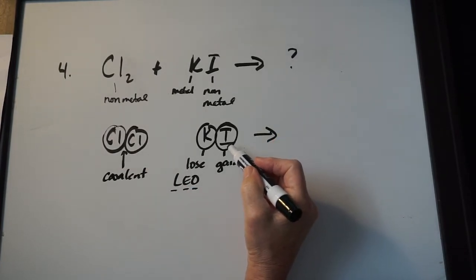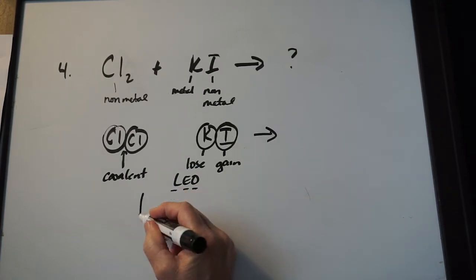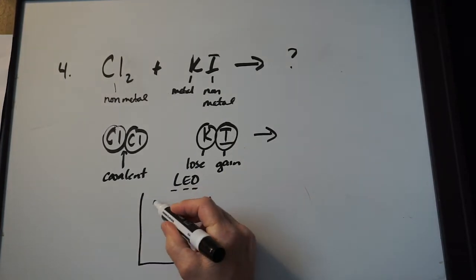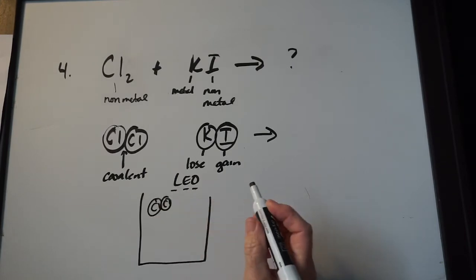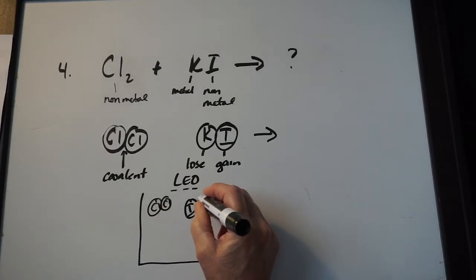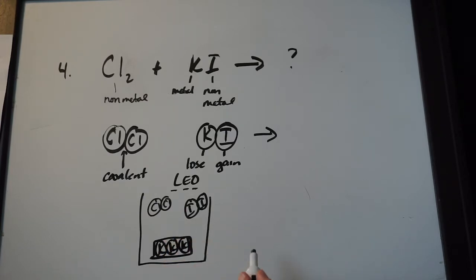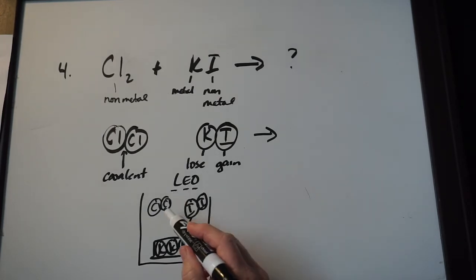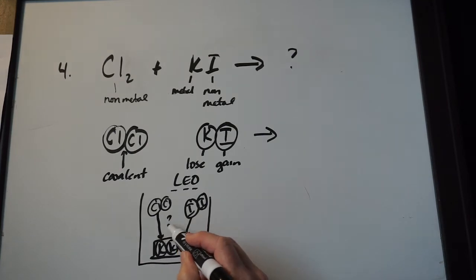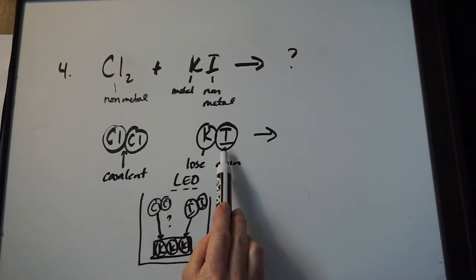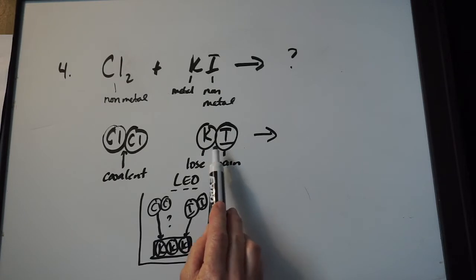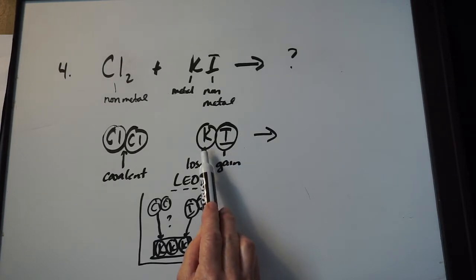So the question is, if I was to take a container and put a whole bunch of chlorine gas in it and a whole bunch of iodine gas in it, and I had a chunk of potassium metal, so this is Miss Webb making it a particle picture, is the iodine going to react with the potassium, or is the chlorine going to react with the potassium? Right now, they're showing that the iodine has reacted with the potassium.